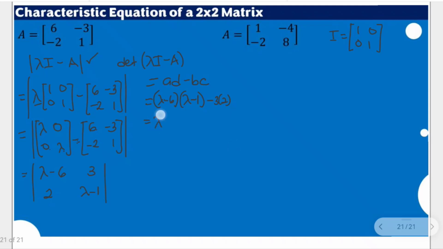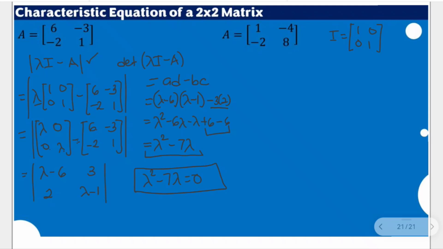You have lambda squared minus 6 lambda, then minus lambda plus 6, then minus 6. In short, this will become 0. So your characteristic polynomial is lambda squared minus 7 lambda. Equating this to 0, this is your characteristic equation for the first matrix.